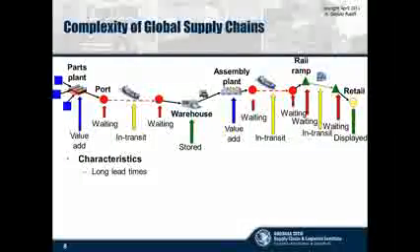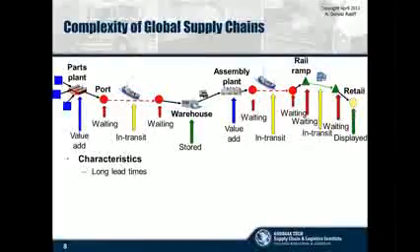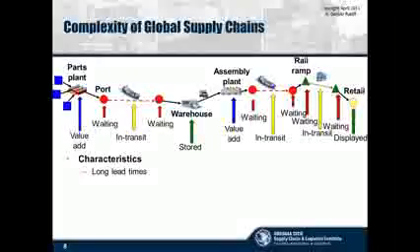So the characteristics are, first, we have very long lead times. To get from China to Atlanta, 30 days is typically pretty quick. So it takes much longer than it would if I'm buying a product and selling it in Atlanta. It takes much longer if I buy it from China than it would if I were buying it from Alabama.